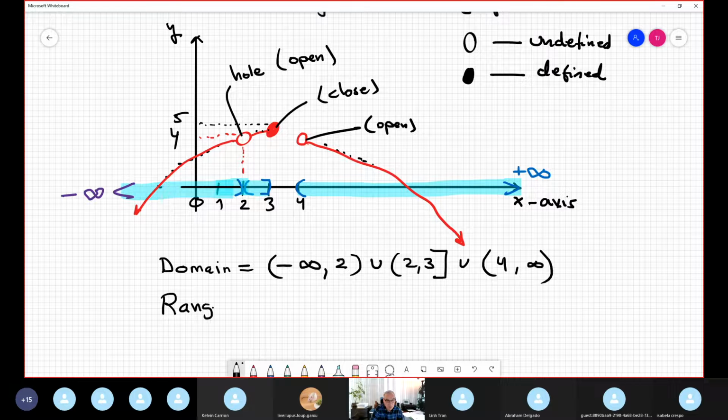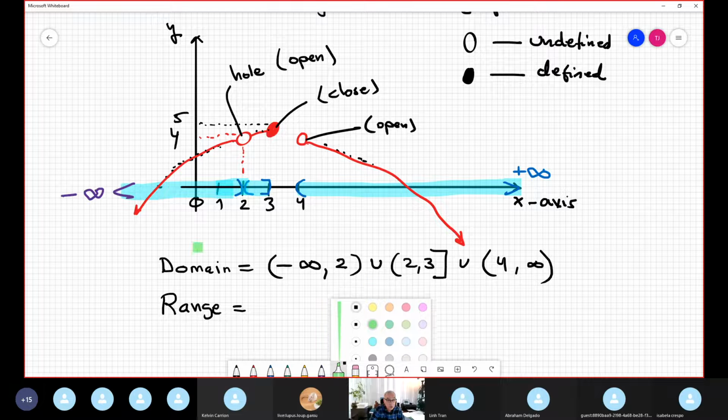What about range? Range is the set of the y values. So the same points that you have here on the curve, now you project onto the y-axis. Let me change the color.